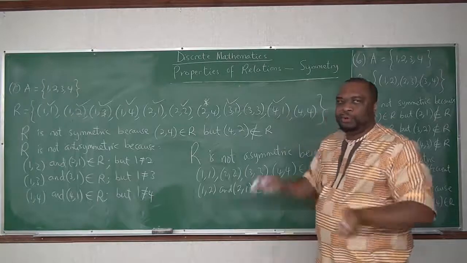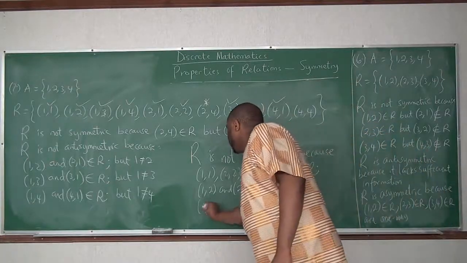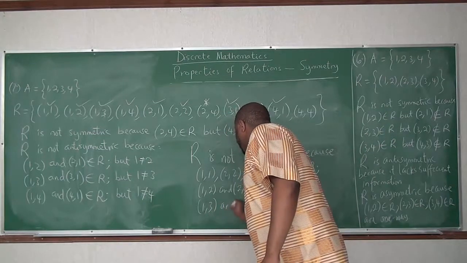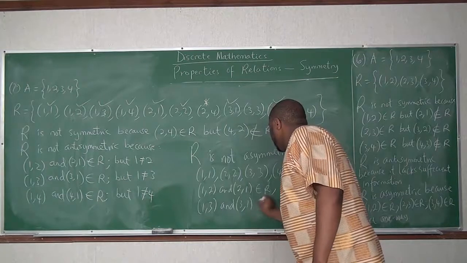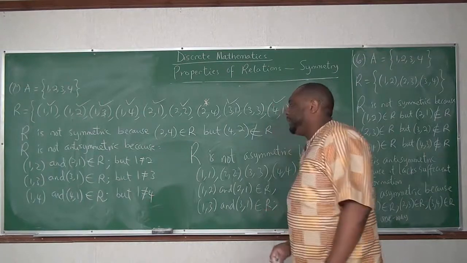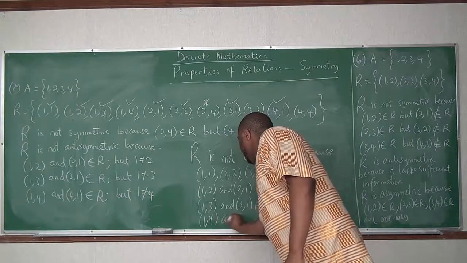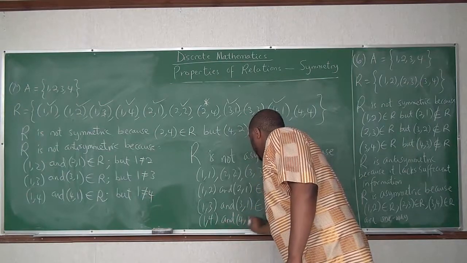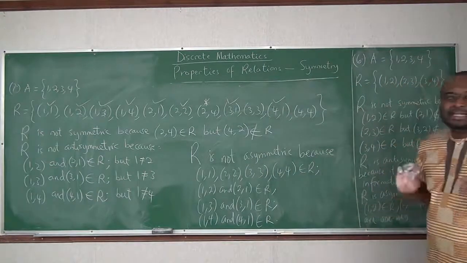It should be a one-way street: 1, 2, no 2, 1. You have 1, 3 and 3, 1, and 1, 4 and 4, 1, elements of R, which should not be. That is why it is not asymmetric.